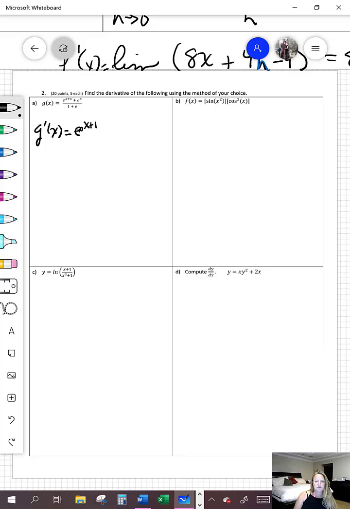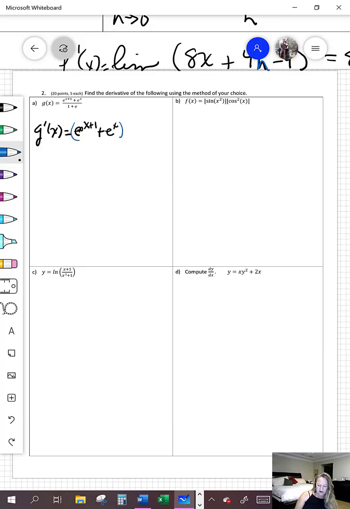Times the derivative of the exponent, the inner function, x plus 1, which is just 1, plus the derivative of e to the x, which is just e to the x, all times the denominator.